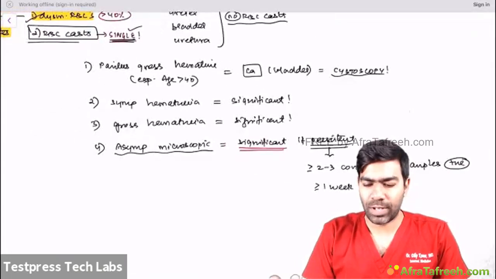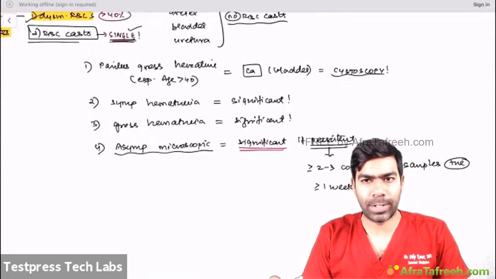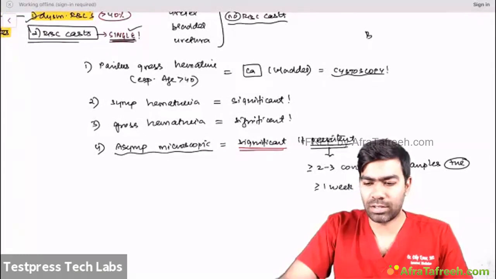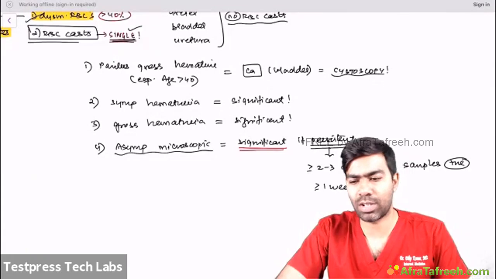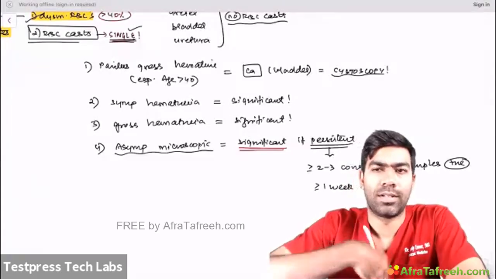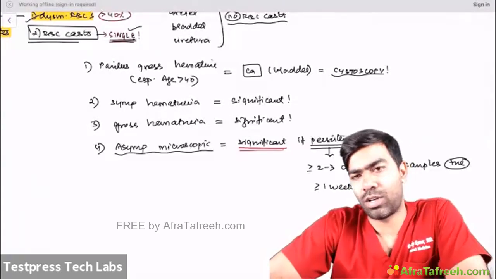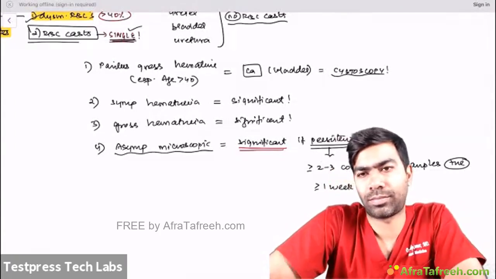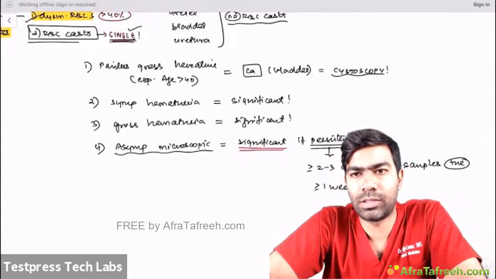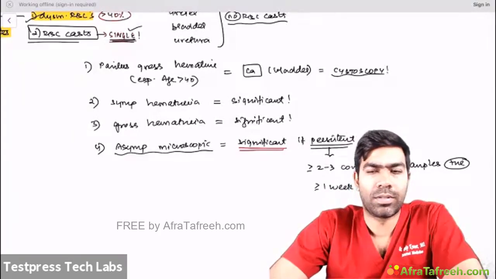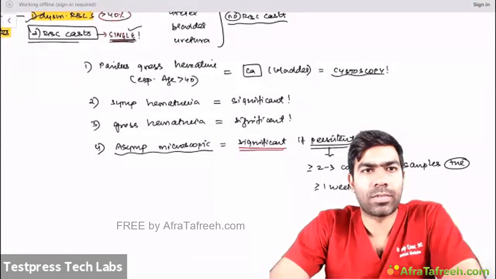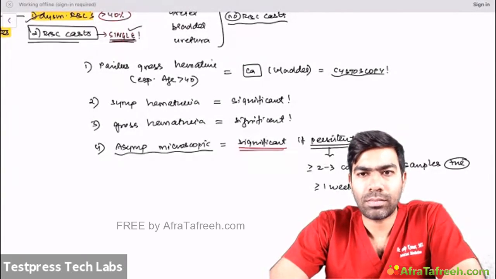Remember, if you have a hematuria, does it become a reason for renal biopsy? Yes or no? Can you do a renal biopsy because you have hematuria? Indicated or not? Nobody's answering.